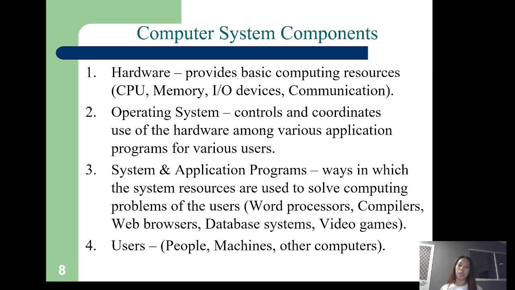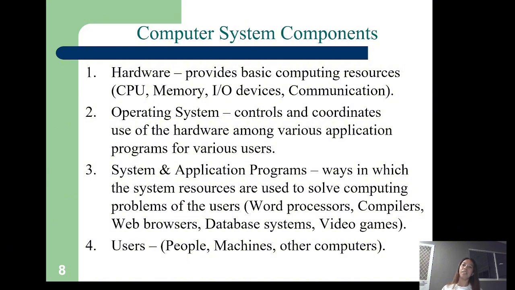So the word tangible means can be touched. For example, the CPU, the Central Processing Unit, the brain of the computer. It is responsible for executing instructions and performing calculations.